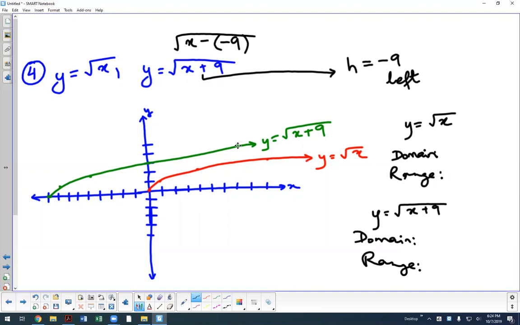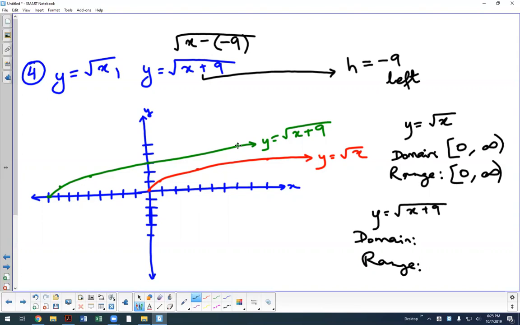And are we including 0? Yes, we are. Very good. Because obviously we know we cannot use negative x values, which will make our function into imaginary numbers. So you start at 0 and you're only going towards positive infinity. What about the range for that original function? Same, yeah, because again, we are starting at 0 and our graph is only going to go up. So same as the domain.